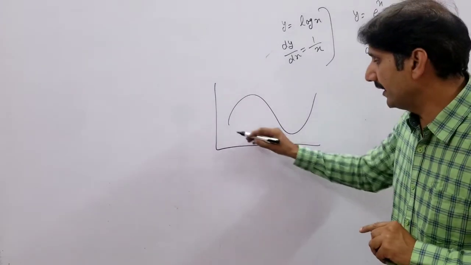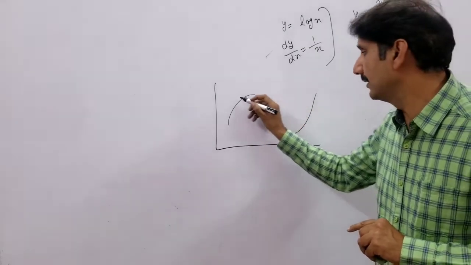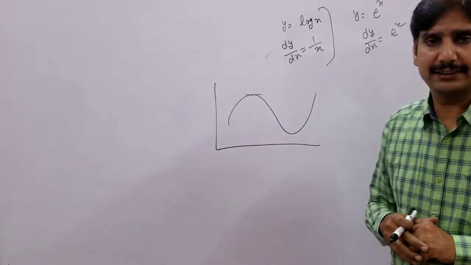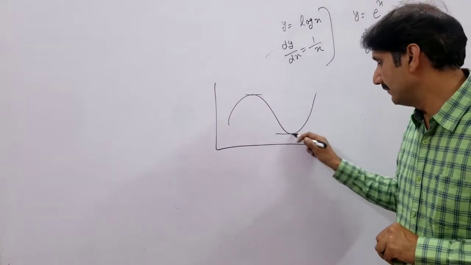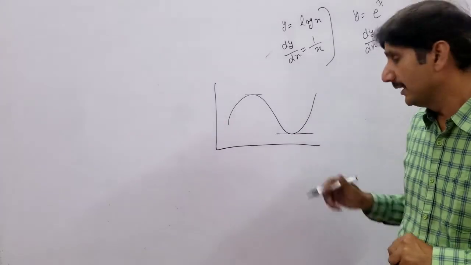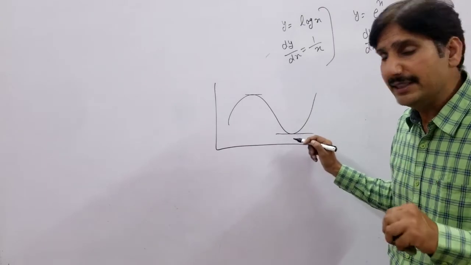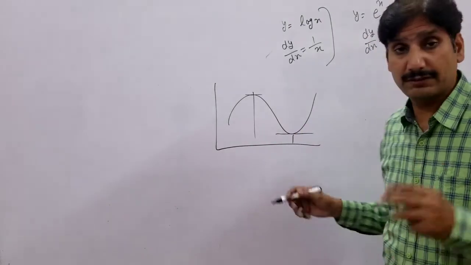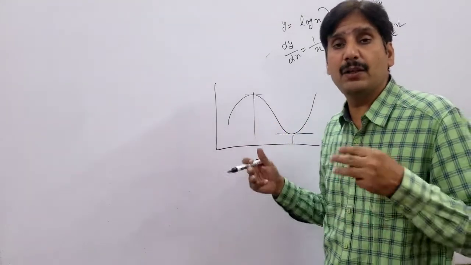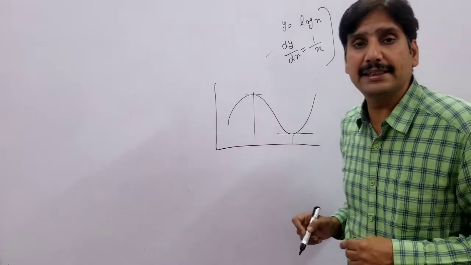Note down that whenever a curve attains its maxima, the curve will become flat at the top. Similarly, whenever a curve attains its minima, it will again become flat at the bottom. That means that whenever a curve or a function attains its maxima or minima, its slope is 0 at that time.